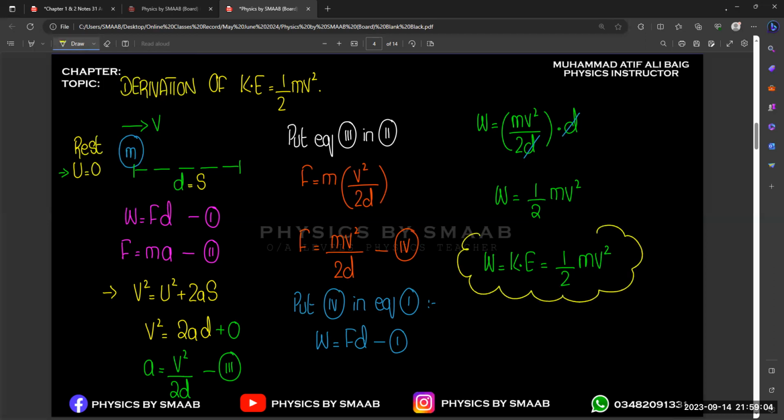It is a bit complex compared to the other derivations, because we have to take assumptions from different equations. In the others, we just take reference from one and move towards the rest.